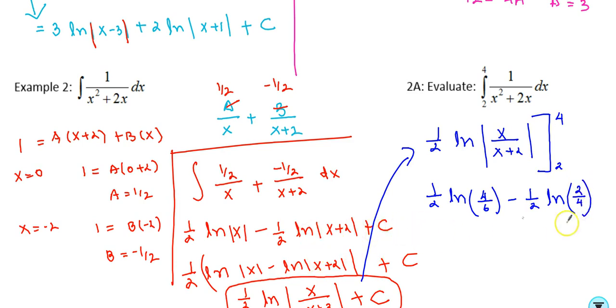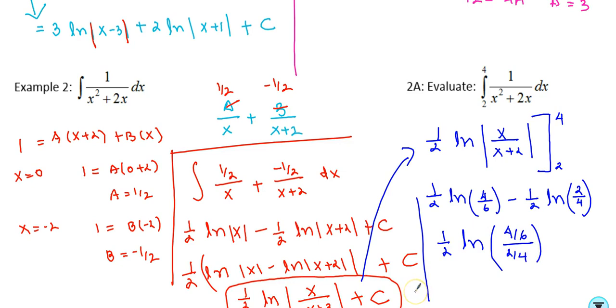So the final answer would look like, again you have to see how the properties of log apply, 1/2 ln of 4/6 over 2/4. Whatever you simplify.